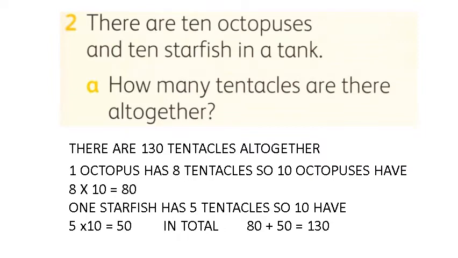One starfish has 5 tentacles, so 10 starfish have 5 times 10, which is 50. In total, 80 plus 50 equals 130. You can pause the video if you need to correct anything, and when you're ready you can play.